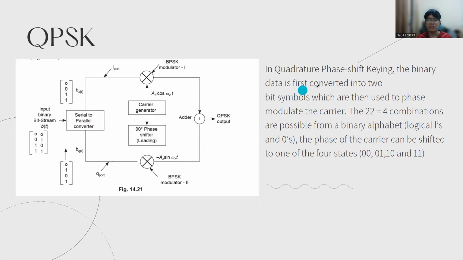The binary data is first converted into 2-bit symbols, which are then used to phase modulate the carrier. Pardon the typo here, this should be 2 to the power of 2 equals 4 combinations, because since one symbol can be 2 bits, it can either be 0 0, 0 1, 1 0, and 1 1. Now, let's look into how the phase can change depending on the bit.